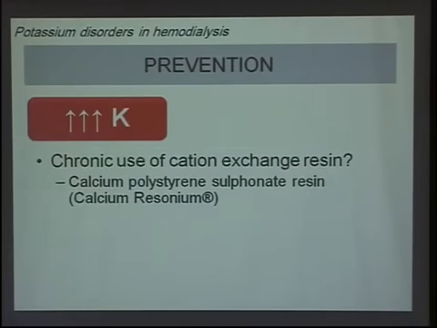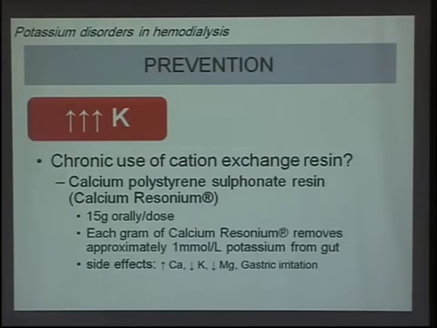So one policy is to use calcium polystyrene sulfonate resin, which chelates potassium in gut. And for every gram of calcium resonium, this will remove 1 millimole per liter from gut. But of course, liters in gut are not all liters in the body, so it will decrease potassium.